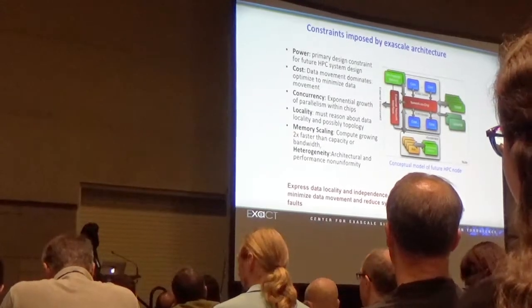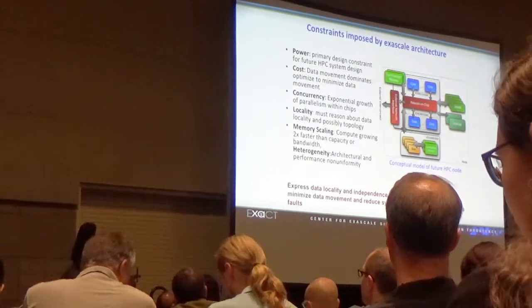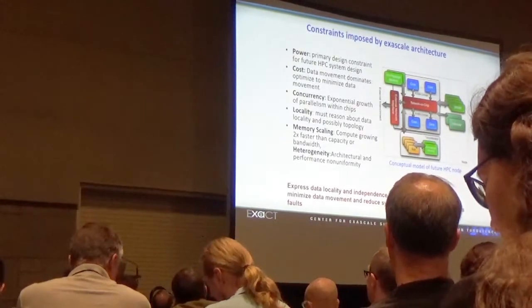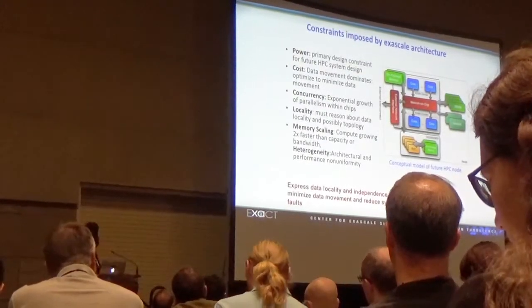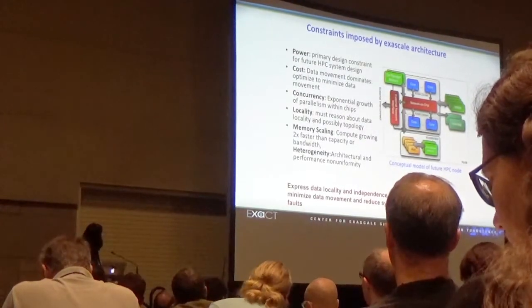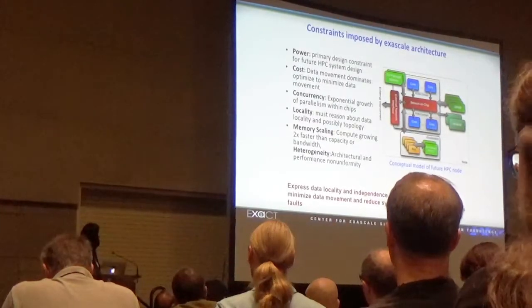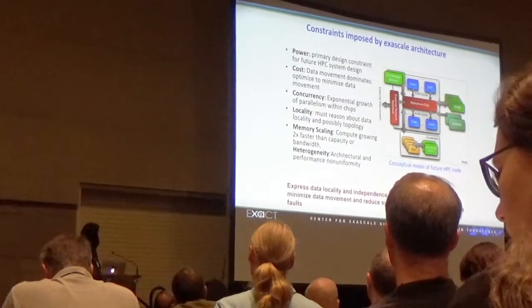And so with this paradigm, you want to minimize the data motion both within the node as well as across the interconnect across the entire machine. And then there's tons of concurrency achieved by exponential growth in parallelism within the chips.